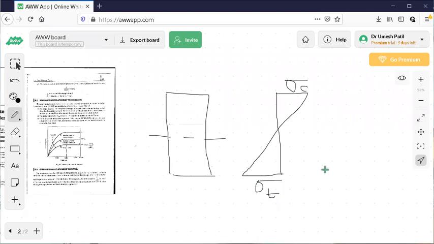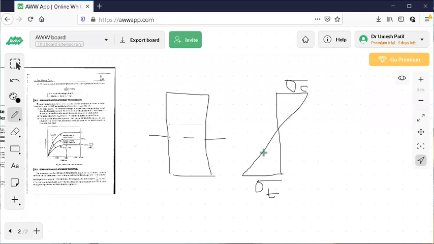Okay. Now, you try to understand action and reaction here. Action is the bending moment produced by the external forces. What is the reaction? Moment of resistance developed by the beam. So bending moment is action, moment of resistance is reaction.